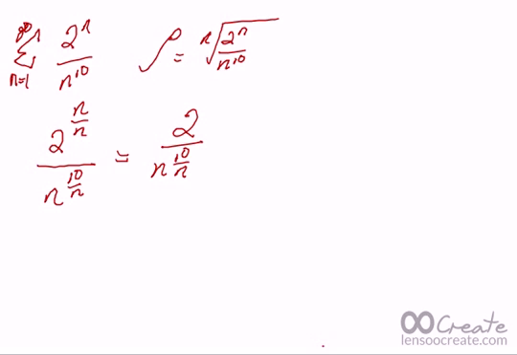Now, as n goes to infinity, let's work on this bottom part. n, and then that's raised to the 10 over n. As n goes to infinity, it's going to equal infinity over 10 divided by infinity. Well, as n in our power goes to infinity, that's actually going to equal 0.